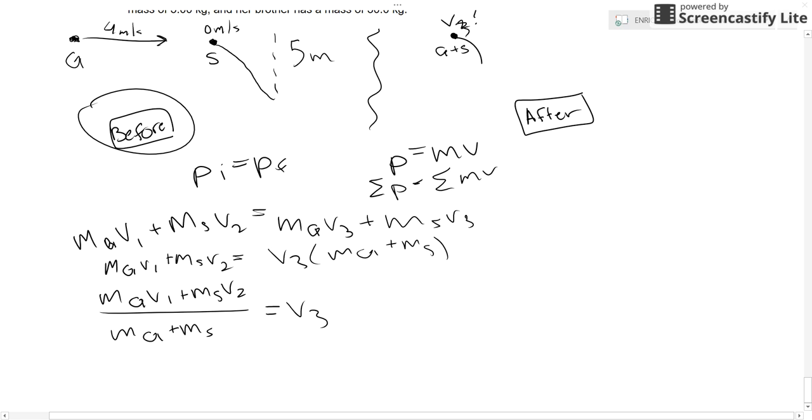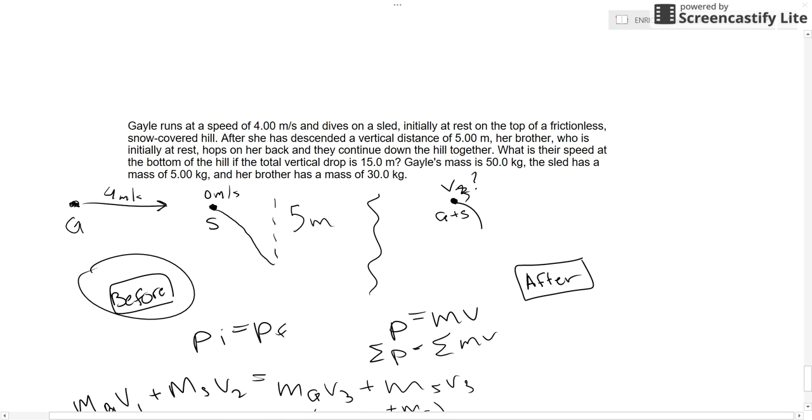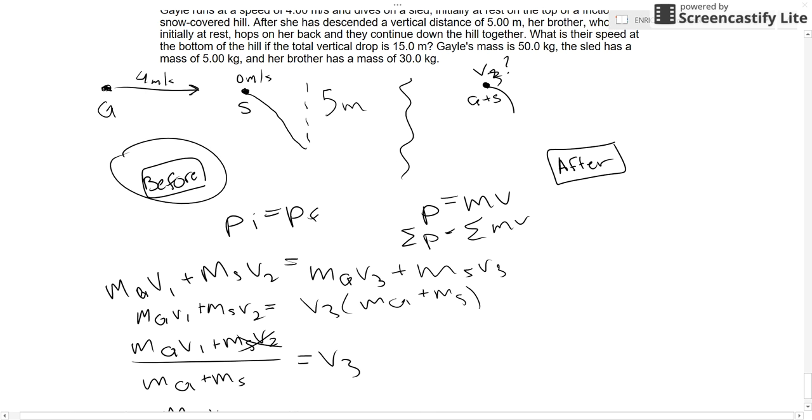Okay, now we can plug into our calculator, but first we can do a little inferring. The velocity of the sled is going to be 0, so we can get rid of that term. The mass of Gail is 50, right here it says it, times her speed, which is 4 meters per second.